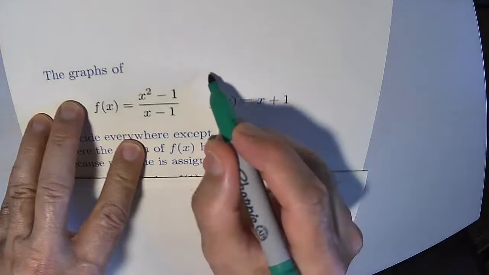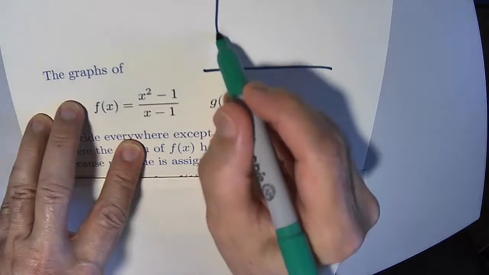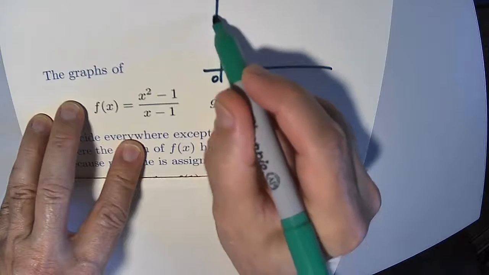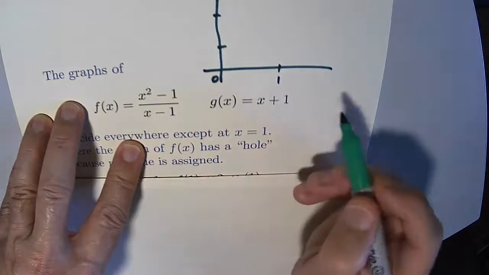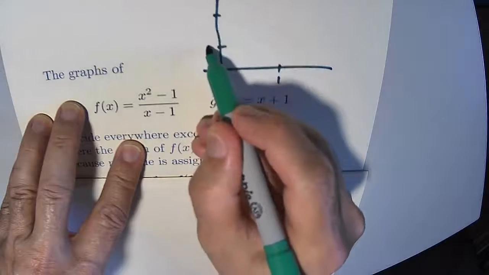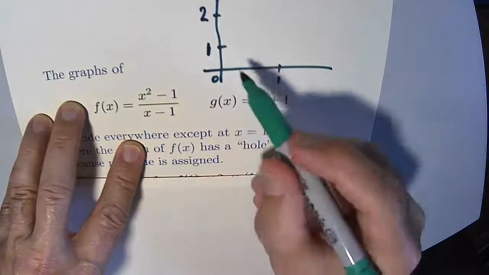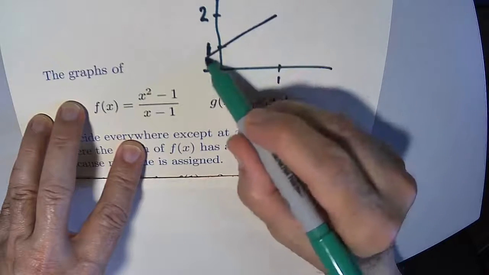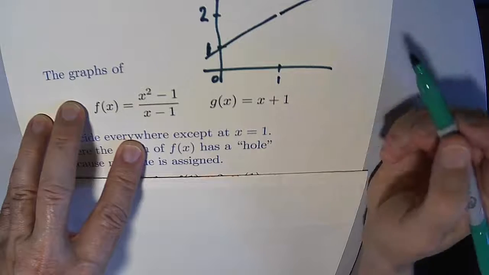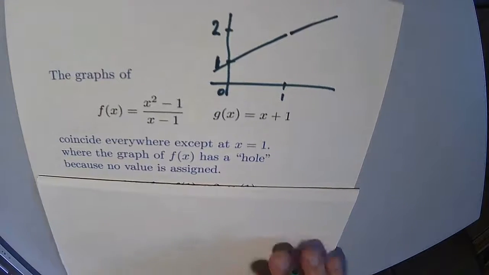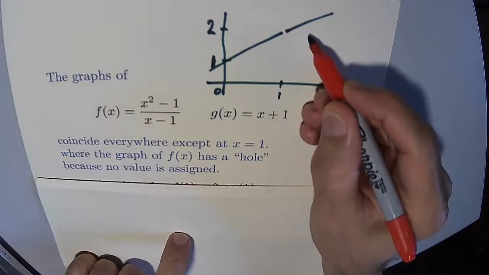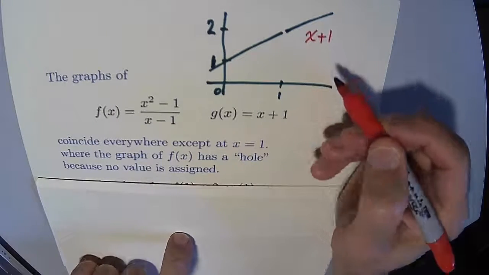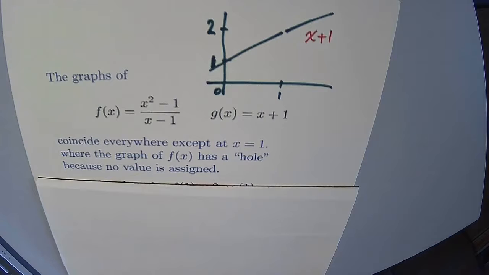So let's draw a quick picture. Here's 1, and now I draw a graph that is a straight line but is missing a point. This is the graph of f, and the straight line here is just x plus 1, g of x, without 1 point.